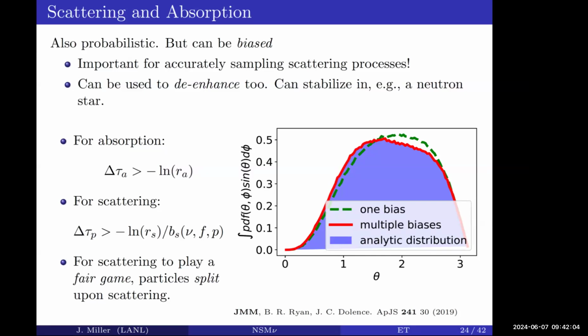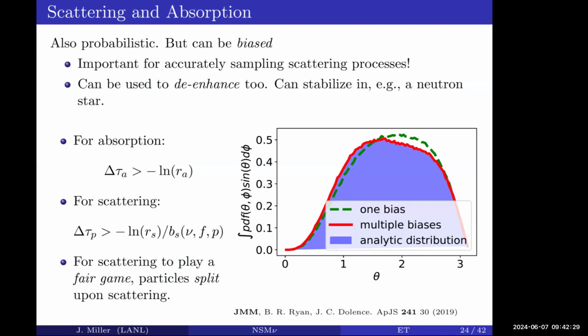This is a test from one of our code papers, where the x-axis is angle and the y-axis is the distribution, for a test problem with multiple kinds of scattering interactions that each have to be biased. The blue shaded region is the analytic solution that you should get. The green curve is if you don't do enough biasing. The red curve is if you do just the right amount.